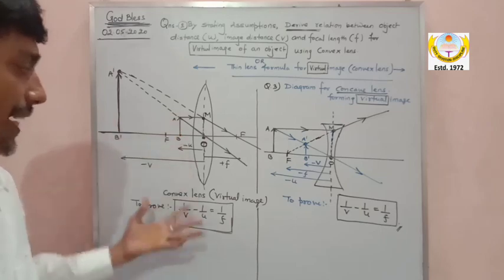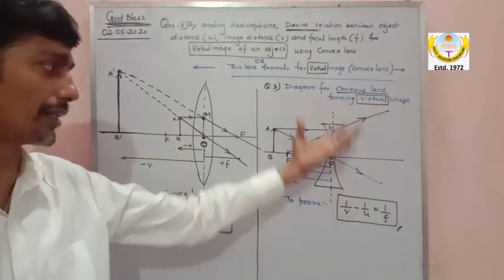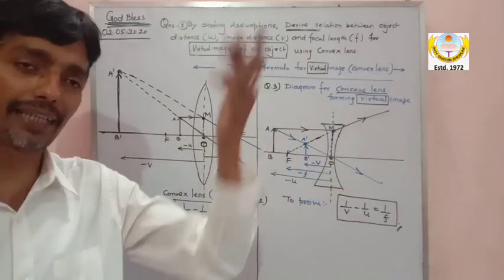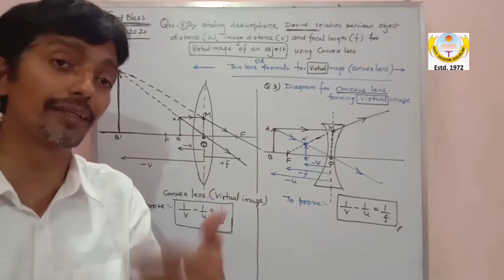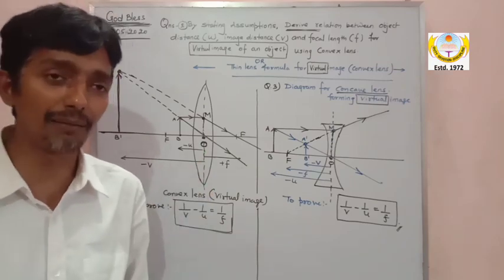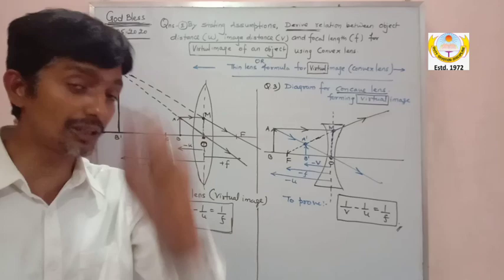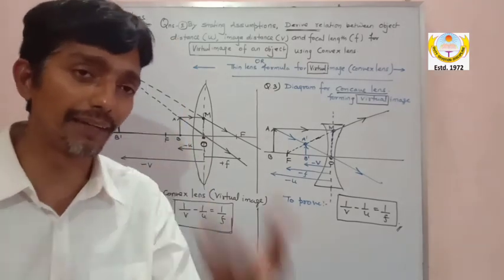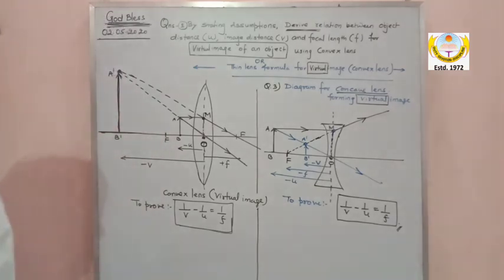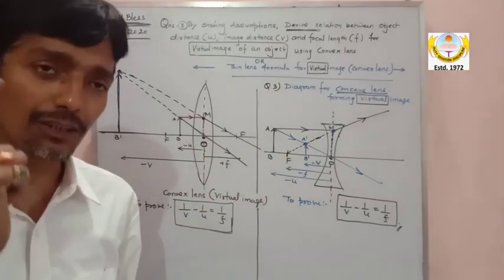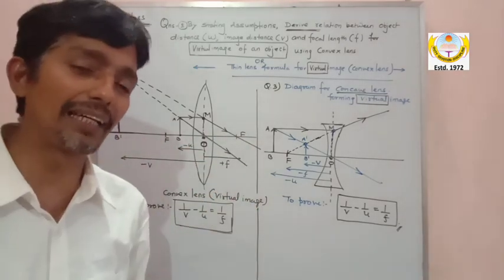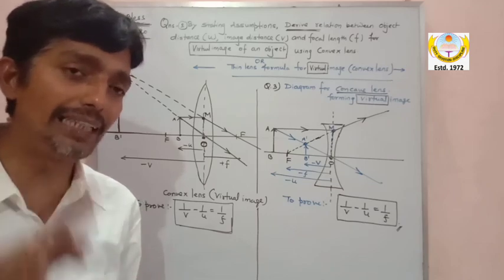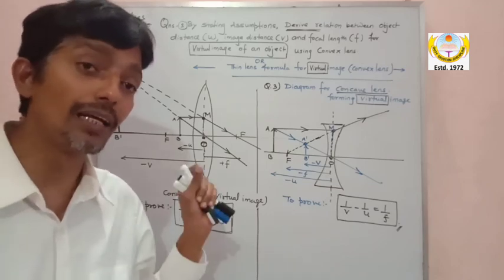This is for convex with virtual image, and this is for concave with virtual image, and which I have solved is for convex with real image. Because in the exam, there can be a chance that they put a condition that for this particular question, you derive the thin lens formula. So these are all the three diagrams. Now let's go for the linear magnification concept. I repeat, the linear magnification concept for lenses.